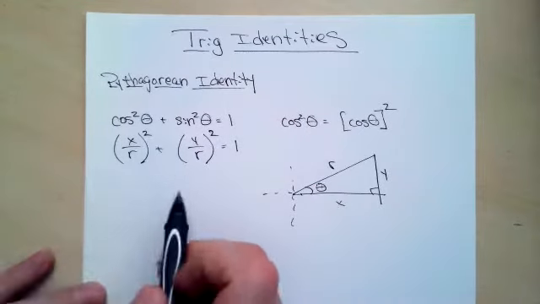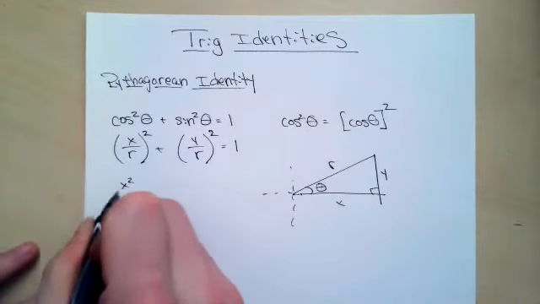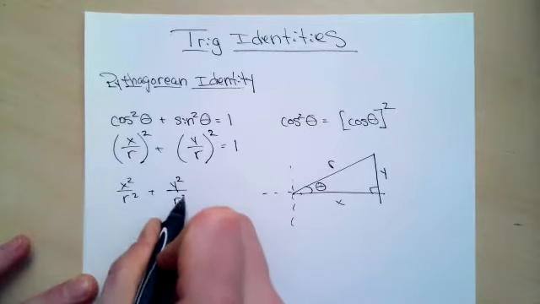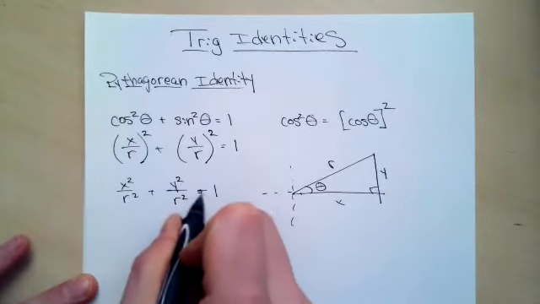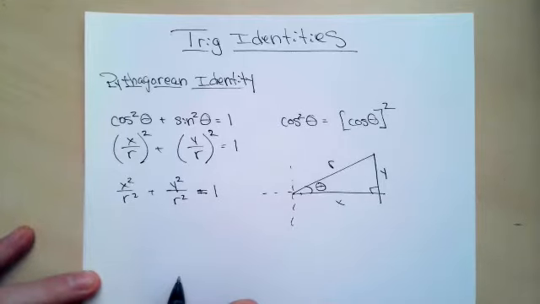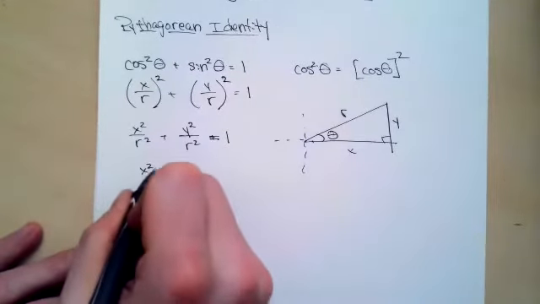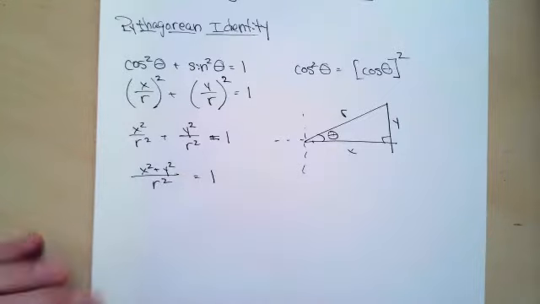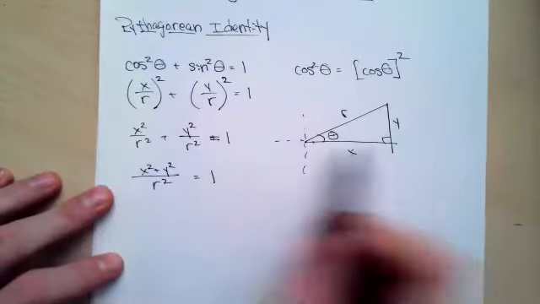If we now square each of these, we will get x squared over r squared, y squared over r squared. And so we get x squared plus y squared over r squared, and that should be 1. And why is that 1? By the Pythagorean theorem.